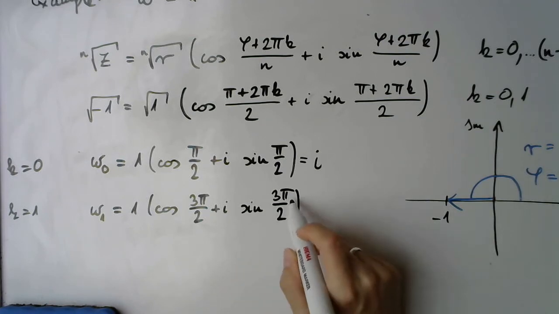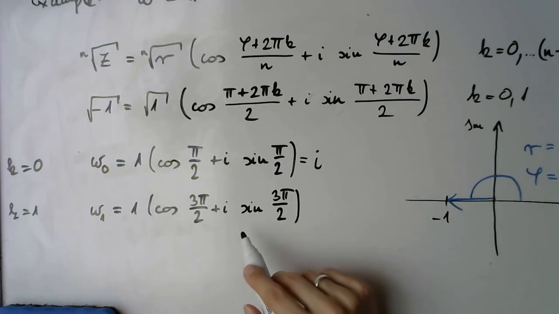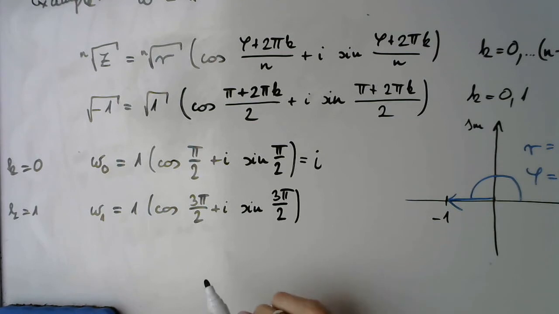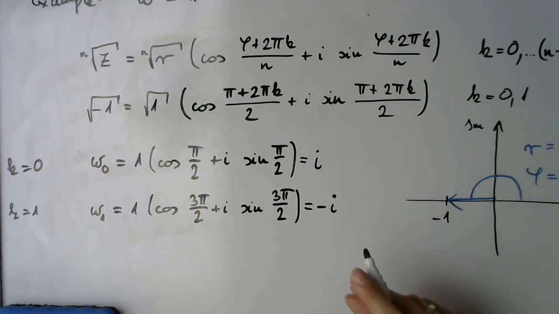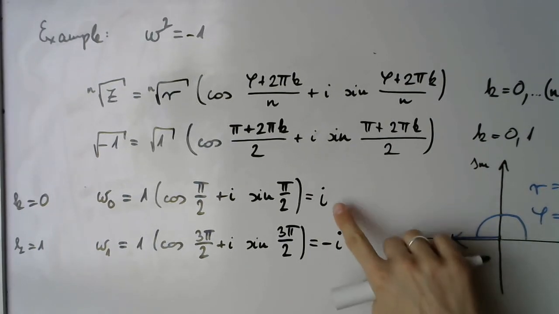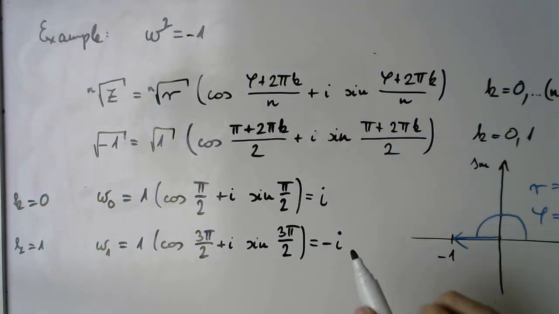The sine of 3 pi over 2 is -1. So this number is 0 minus 1 times i, for short, -i. And if I want to check my solution, let's substitute them into this equation.